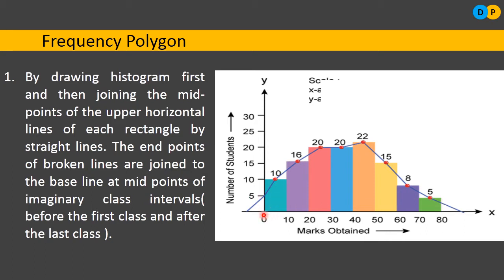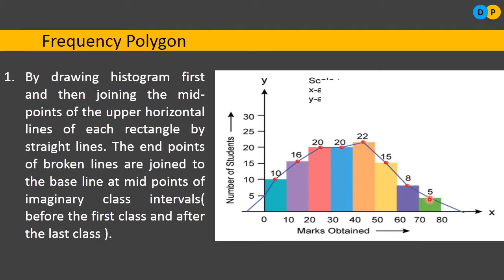What is the midpoint for 0 to 10? The midpoint is 5. For 10 to 20, the midpoint is 15. For 20 to 30, the midpoint is 25. These midpoints are joined by line segments, for example from 5 to 15, then 15 to 25, 25 to 35, 35 to 45, and so on.